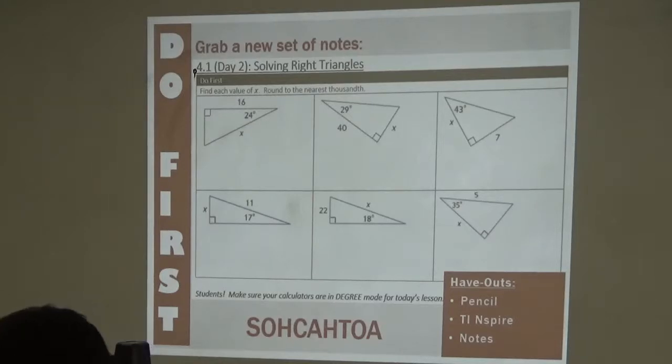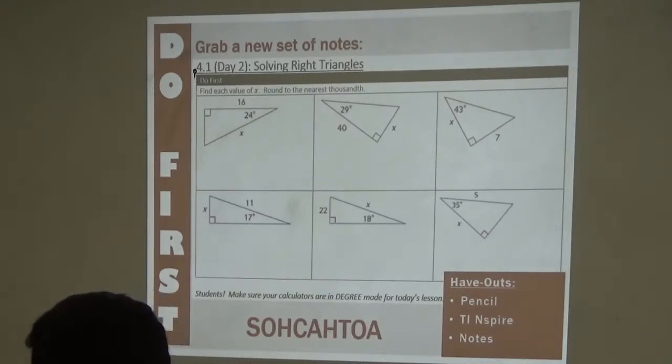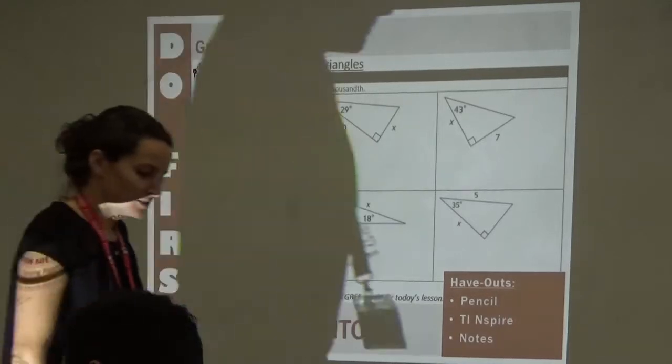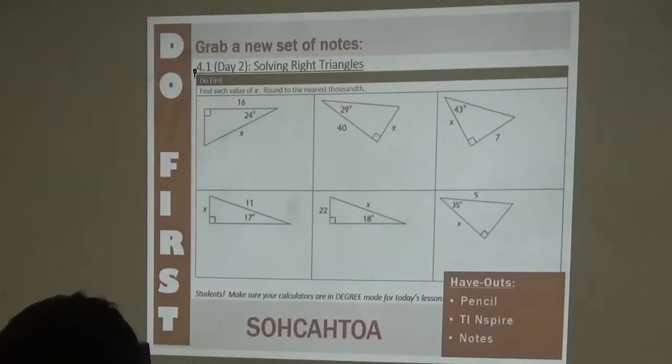Calculator, Jonathan? Did you solve any of them? So you had it set up: cosine of 24 equals 16 over x.